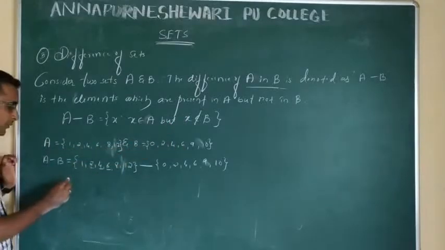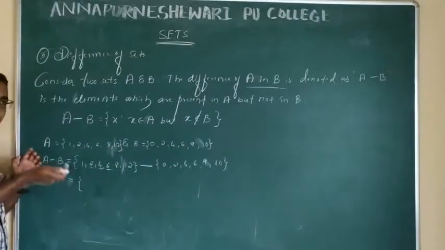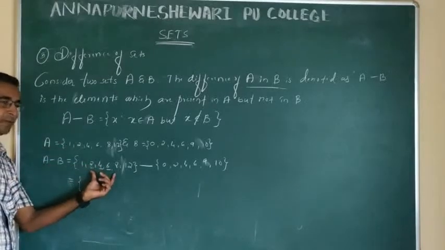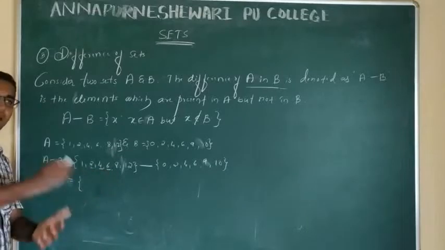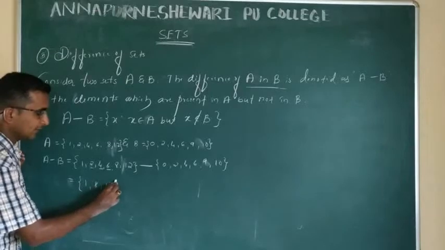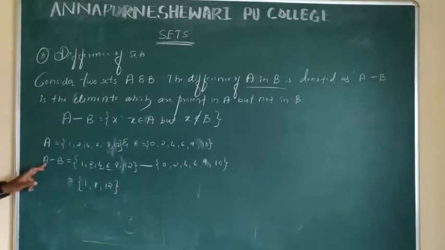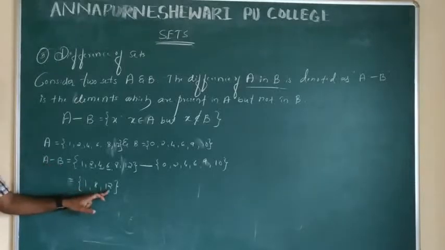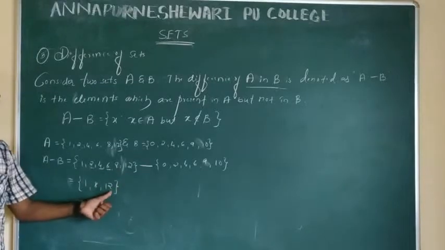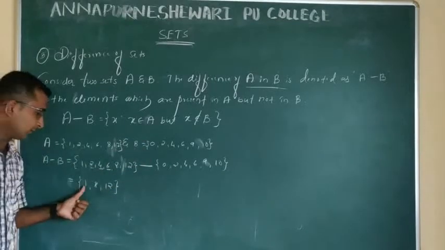The common elements which are present in A as well as in B, the remaining elements of A are nothing but the difference of A in B. The elements which are present in A but not in B. So look here, whether 1 is present in B?